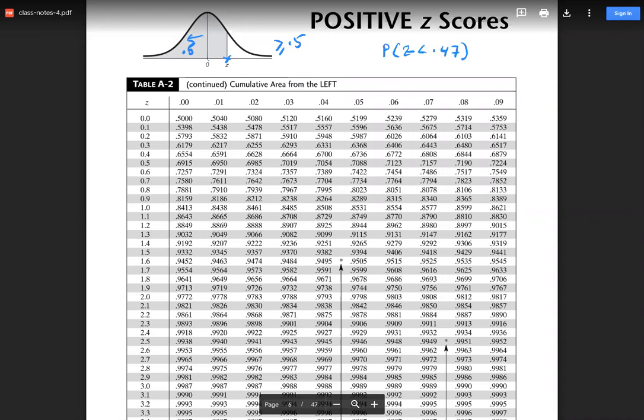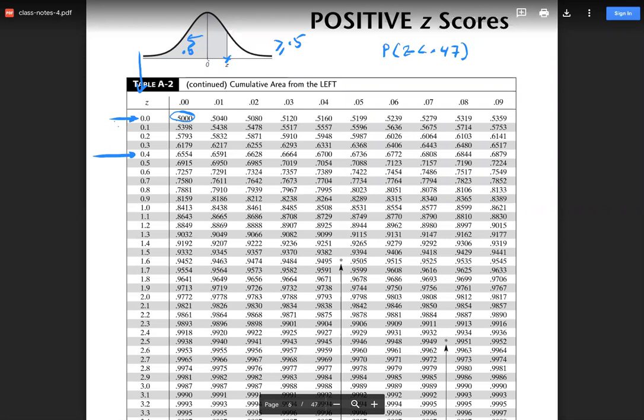So for positive z values, all the probabilities must be greater than or equal to 0.5. So technically for 0 it is 50%, or 0.5. So for 0.47, we go and look at 0.4, which is here in the z column, okay?